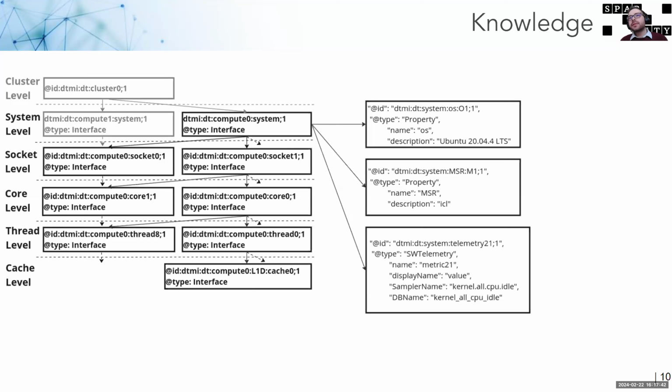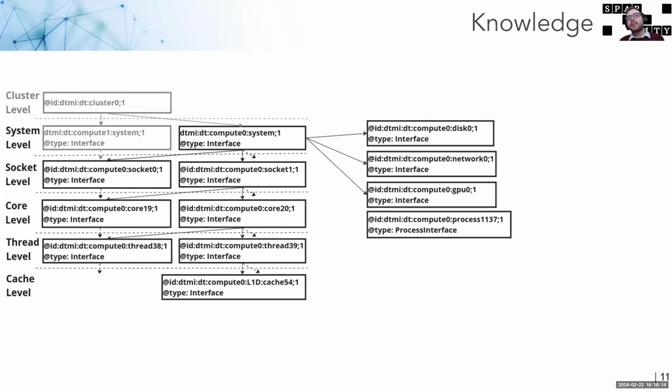In our system interface, we can have properties like OS of the target system or the microarchitecture of the target system. For example, this system has an Ice Lake processor, or we can have software telemetry of the target system that is about the whole of the system, such as the CPU idle, the augmented CPU idle of the whole system.